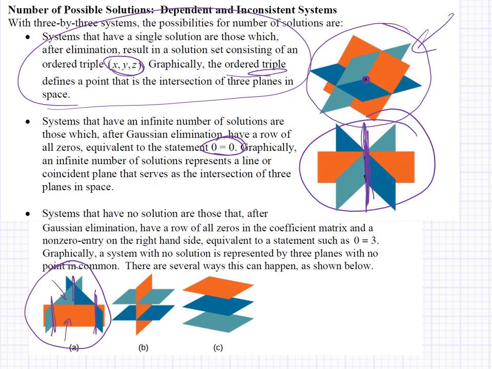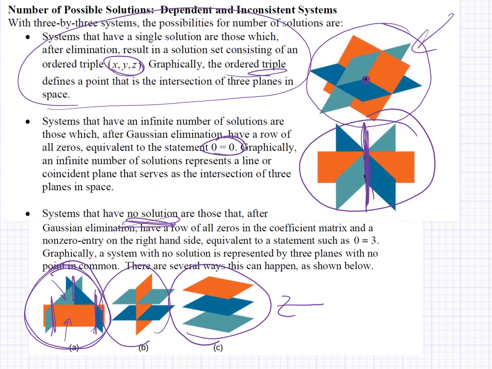So that would create a no solution scenario in the system. You could have something that looks like this, or something that looks like this. All three of these represent the same thing, no solution, in that all three planes don't share anything. Two out of the three do, but not all three.